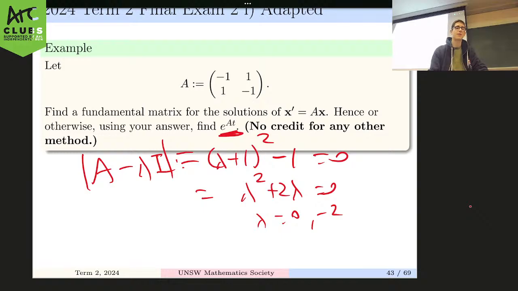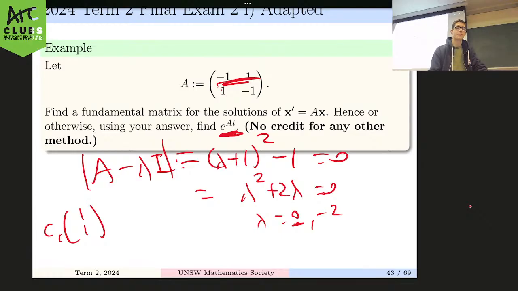Those are our eigenvalues. So our general solution would be, by inspection, the eigenvector for the eigenvalue 0 would be (1, 1), times some constant.